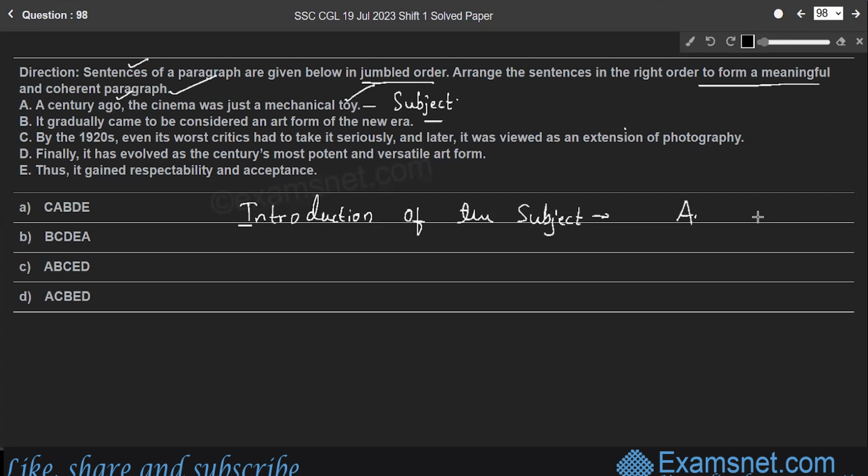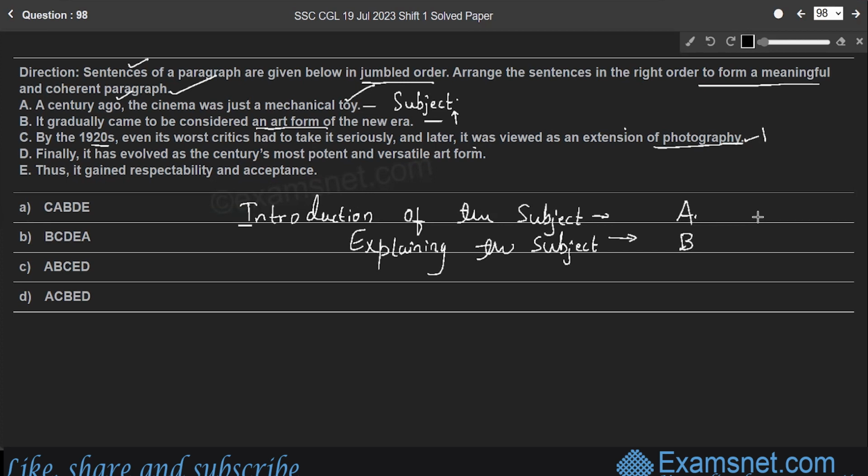Whereas sentence B, it gradually came to be considered an art form of the new era. So here, sentence B is explaining about the subject, which gives support to sentence A. Therefore, sentence B comes after sentence A. Whereas sentence C, by the 1920s, even its worst critics had to take it seriously, and later it was viewed as an extension of photography.